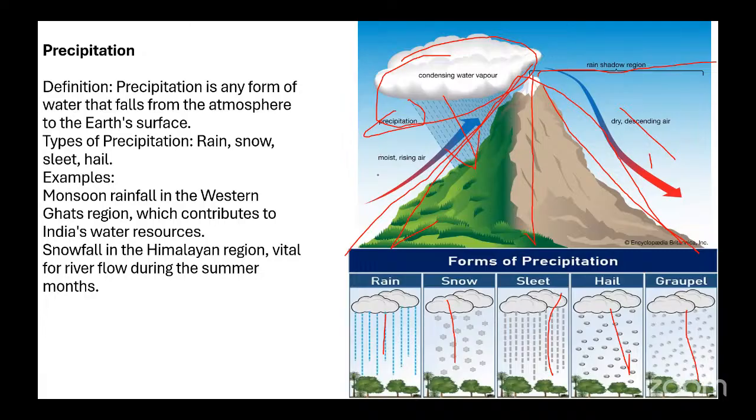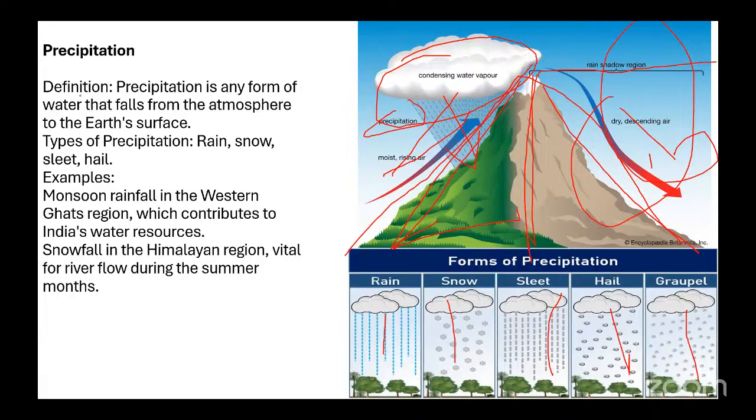Here you have most moisture and rising air. Due to this rising moist air and condensing water vapor clouds, when rain occurs, most of the rain will be on the upside of the hill. The downside of the hill may not get that much rain, so this region is called the rain shadow region.